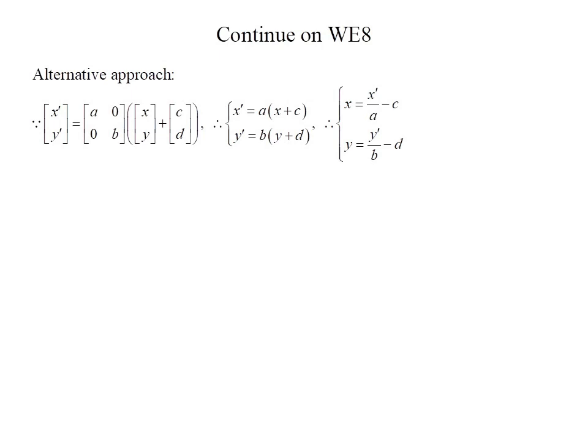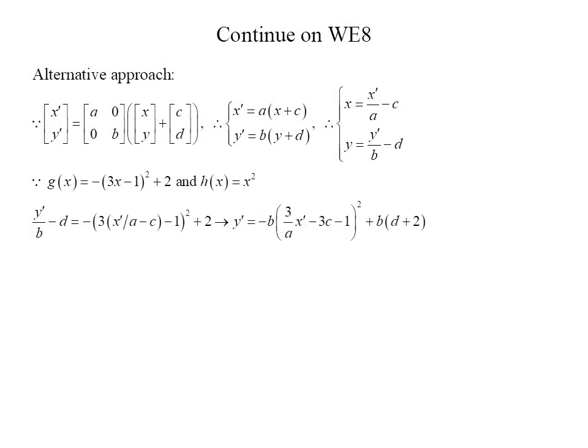Conversely, we may express x and y in terms of x prime and y prime respectively. Since g(x) equals -3(x minus 1) squared plus 2, we substitute x with x prime over a then minus c, and substitute y with y prime over b then minus d.